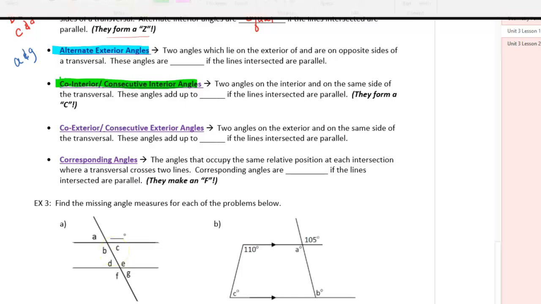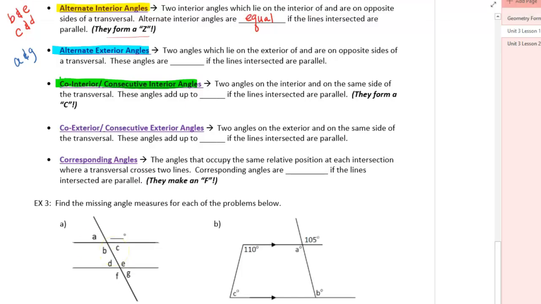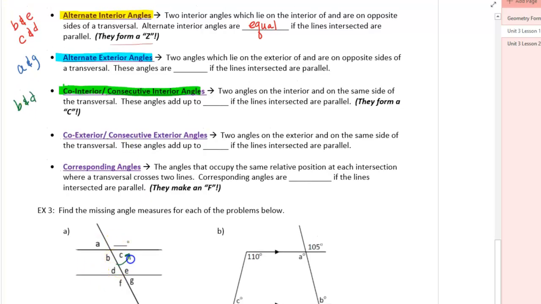So for instance, we would have angle B and angle D. So those are co-interior or consecutive interior angles. So B and D. And we also have the pair over here, C and E.